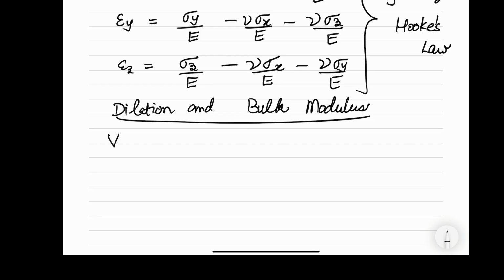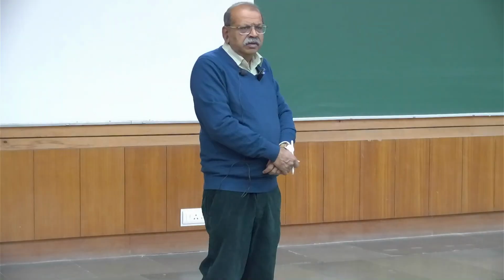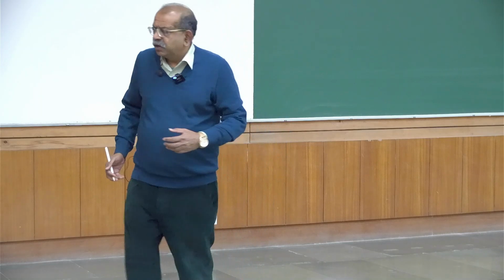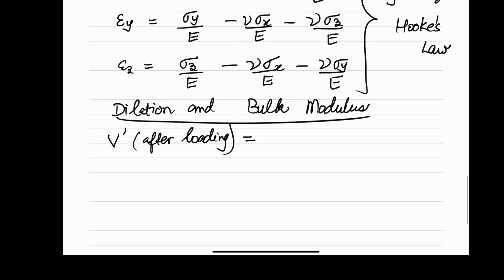The total volume after the loading, what will the volume be of this parallelepiped? It will be equal to 1 plus epsilon x into 1 plus epsilon y into 1 plus epsilon z.